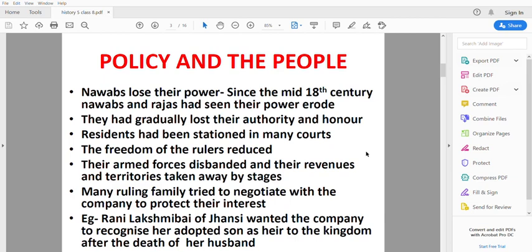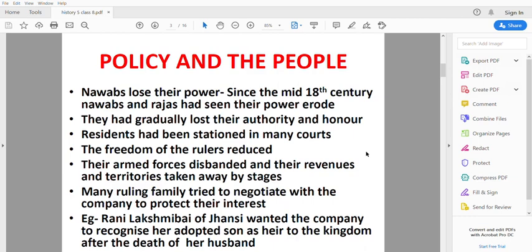From the policy of the British, what happened? Residents had been stationed in many courts. The freedom of the rulers was reduced, their armed forces were disbanded, and their revenues and territories were taken away by the British, stage after stage.